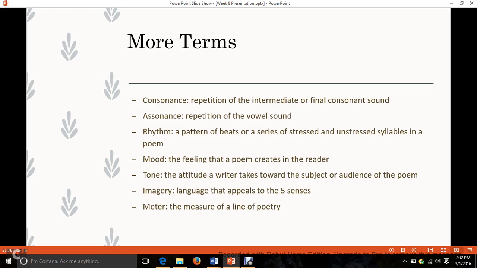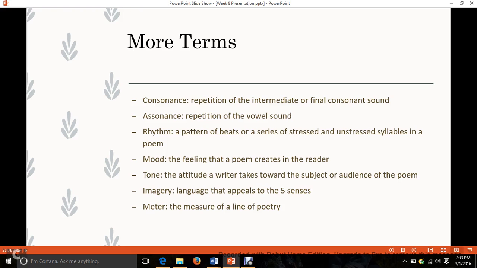Assonance is the repetition of vowel sounds. So whether that's in the middle of a word or at the beginning of a word, it really has to do with the vowels. And so this is where you're going into things like several words together that have an oo sound in the middle of the word, and it creates a different kind of lyric sound to it.